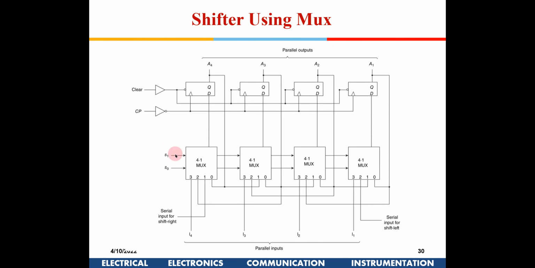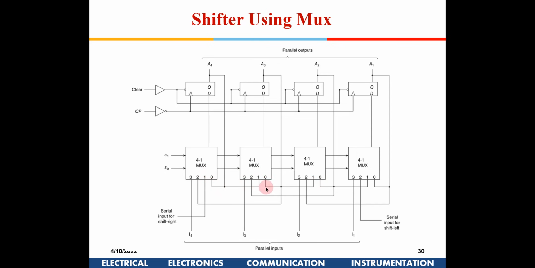Now if I give 0 1, what happens? If I give 0 1 out here, this data is coming out here. It will take a serial input from here, right? Here it is going to take this 1 from the previous stage.